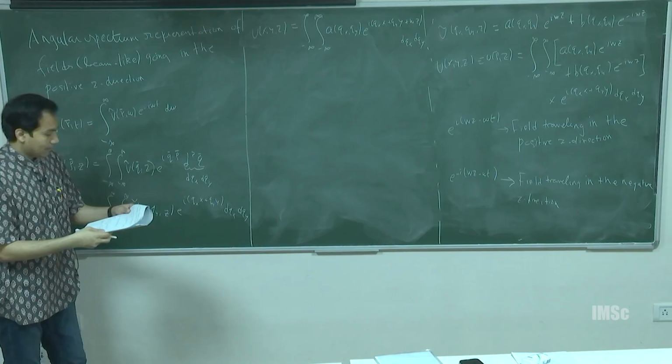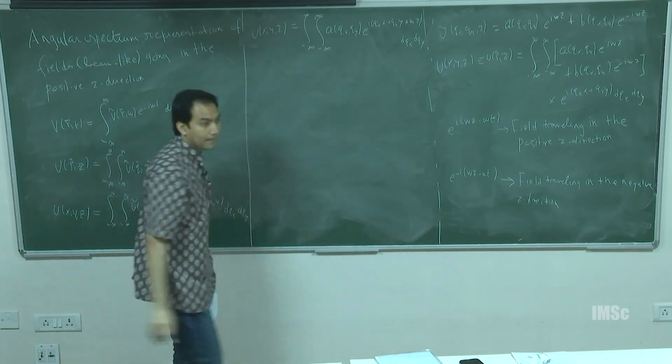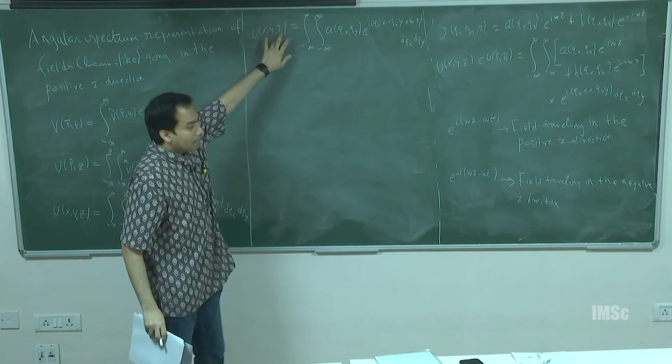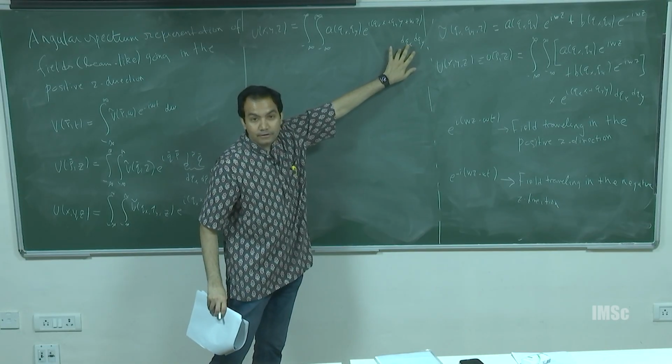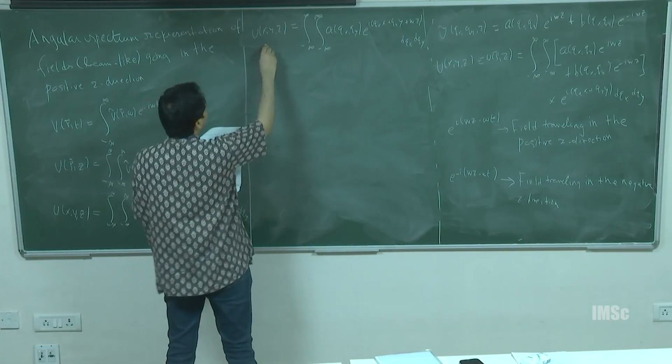Now, the important thing: this is not a Fourier relationship, because on the left hand side you have x, y and z, whereas on the right hand side you just integrate over qx and qy. You are not integrating over kz. So this is not a Fourier relationship in general.